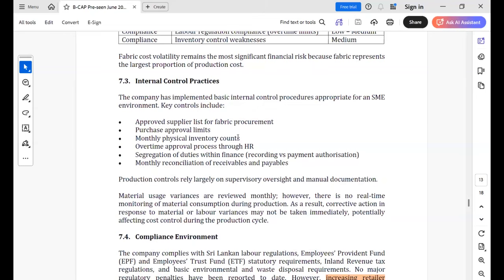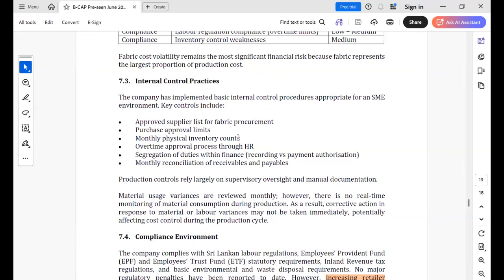You go to the warehouse, you pick a sample and count it and make sure that those match with the system numbers. You go to the cutting department, you take a sample, count it and match with the system. Go to the QC department, take a sample, match with the system. So only a sample. But every month you can do, if you want, a 100% physical count.